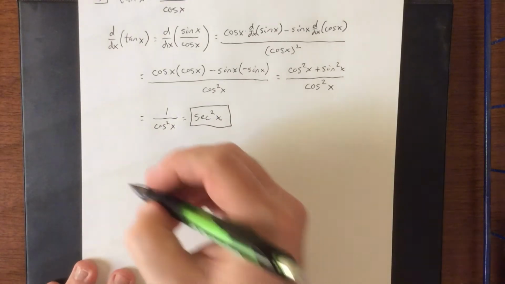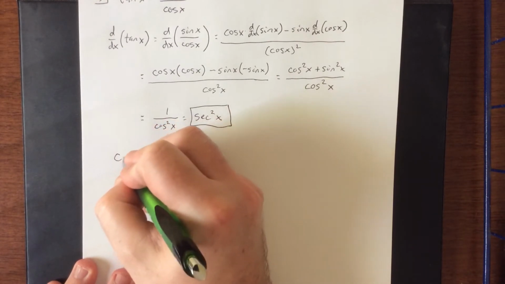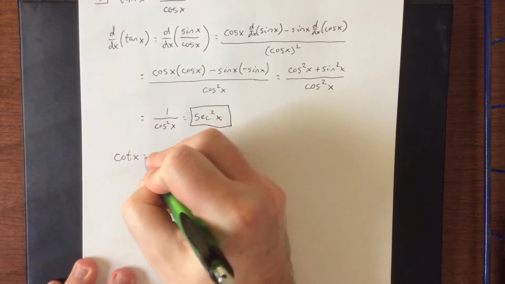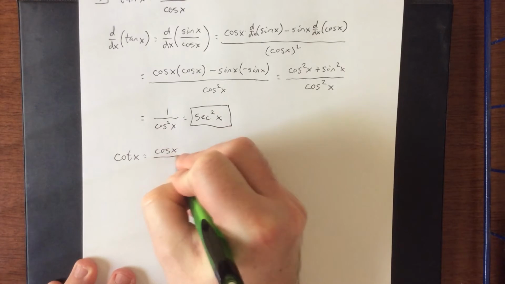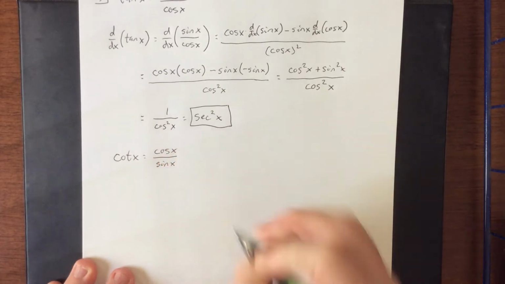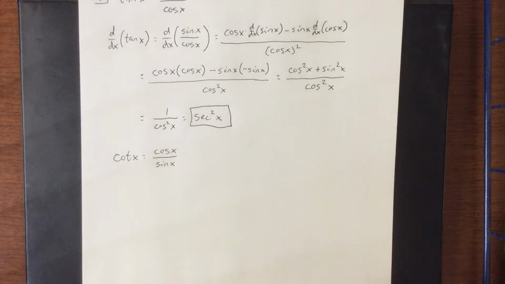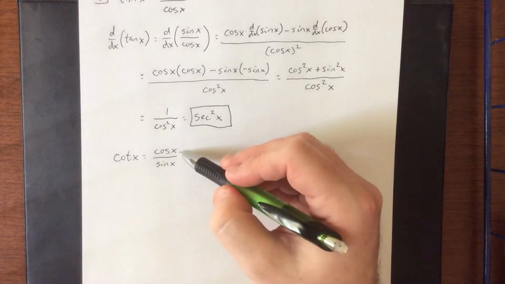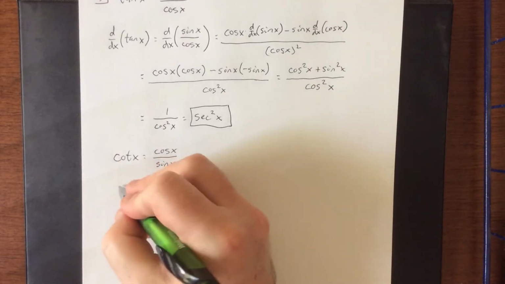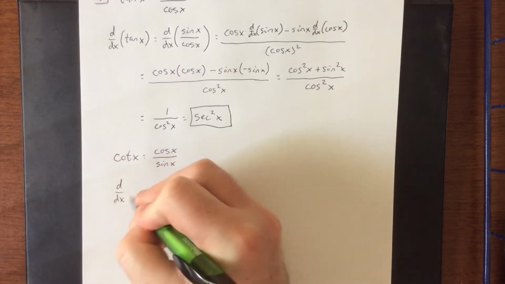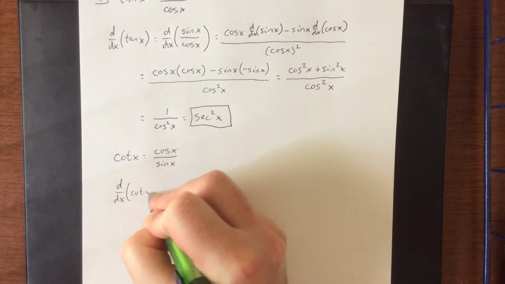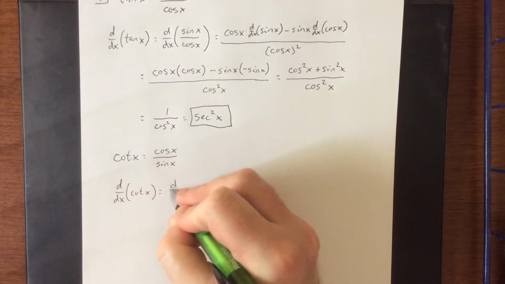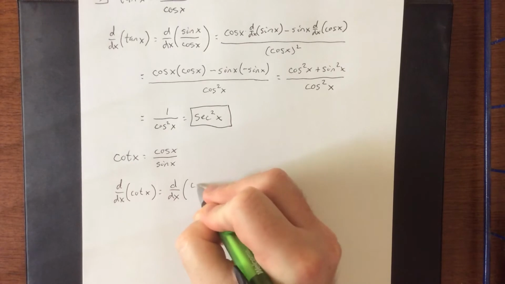Next up, I'd like to do the same thing, but this time I'd like to do it for the cotangent of x. The quotient identity for the cotangent says that that's equal to the cosine of x over the sine of x. So if I want the derivative of the cotangent of x, I can apply the quotient rule to this quotient.